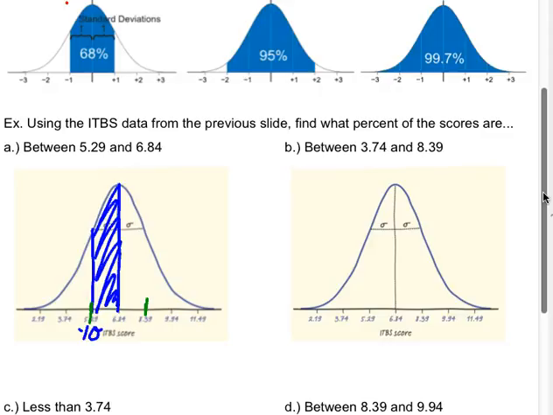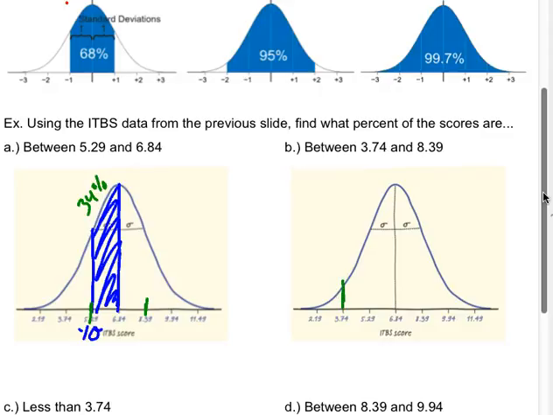So what that's telling me is only 34% fall between 5.29 and 6.84. Okay, so there's going to be a lot of manipulation of areas to answer these types of questions. Okay? Now what about this one?